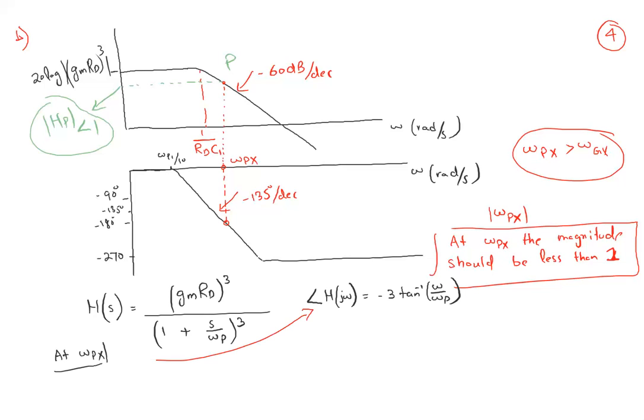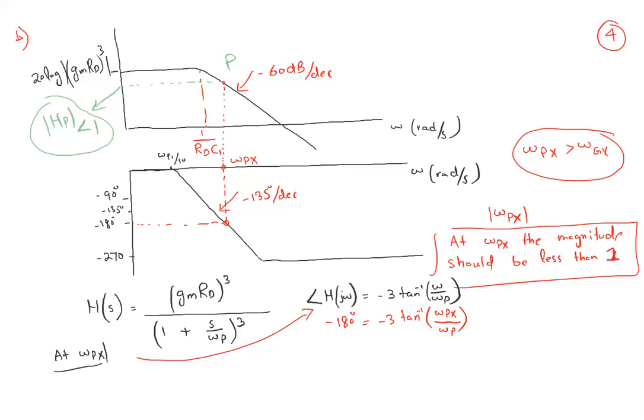So at omega px, which is the phase crossover frequency, we know that at omega px my phase is -180 degree, जो हम लोगों ने यहाँ red में mention भी किया हुआ. This is -180 degree equal to -3 tan inverse, where we replace omega with omega px.